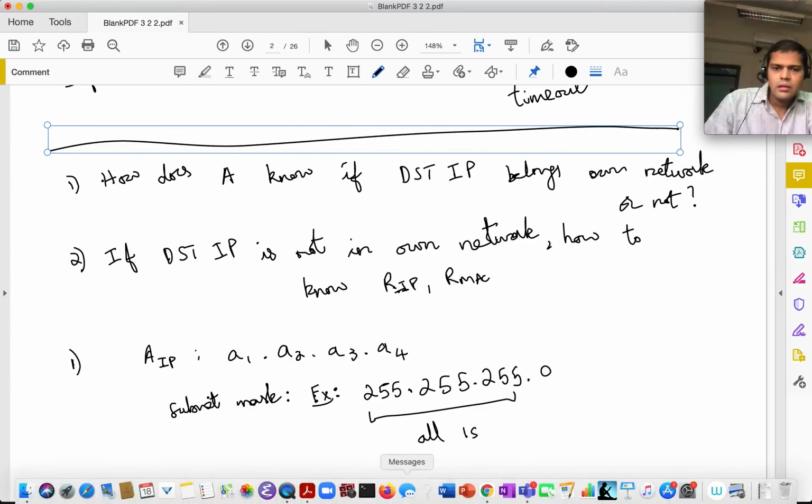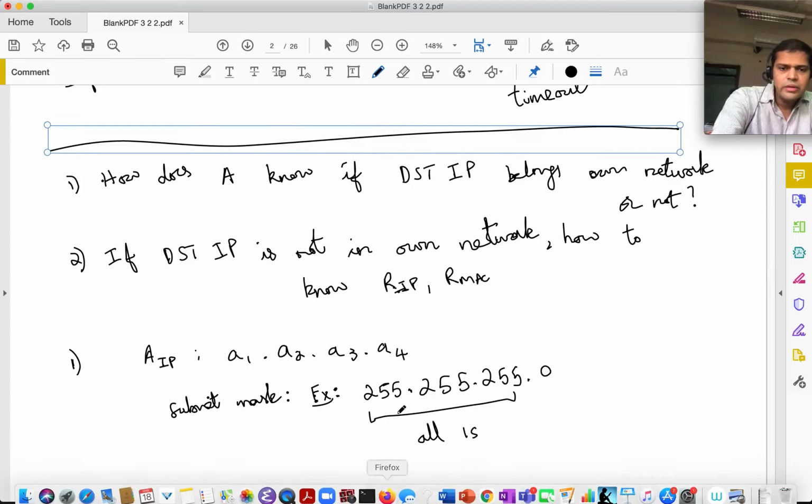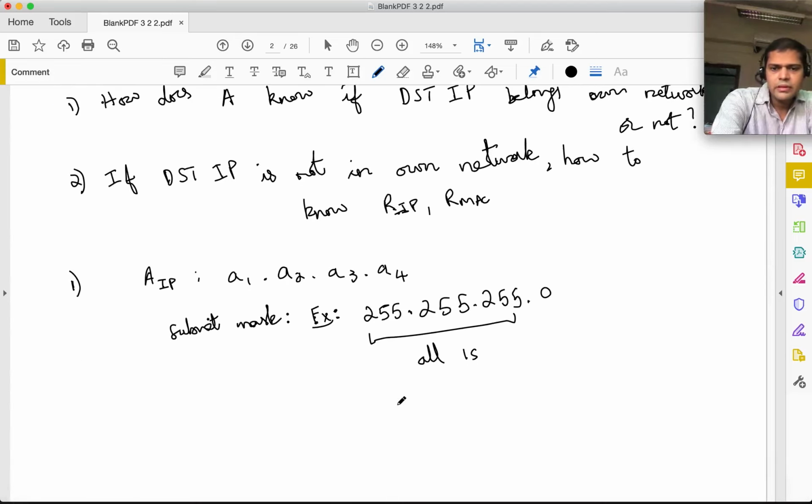So how would I know that B's IP address belongs to my own network?